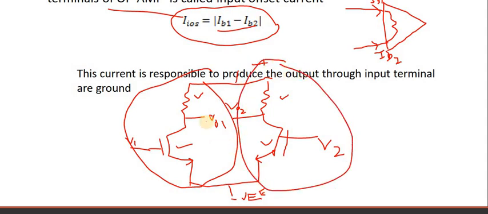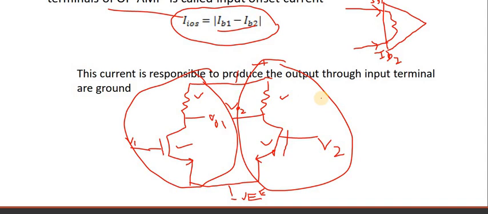Even if you take the mirror image for the other part, you have designed this part's layout and for this part you take the mirror image, then also while doing layout, whatever metal layer you choose, every metal layer has some resistance.